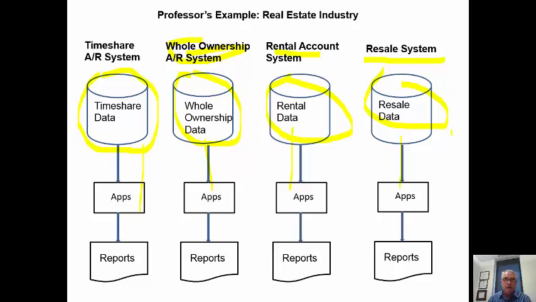So these systems all worked very well, but they worked very well independently. The problem is that the data was all fragmented, the programs were all fragmented, and so at any given point, we couldn't get a holistic view of our enterprise data. We couldn't look at one customer who could have been in all 4 of these systems and get a holistic view of that customer.